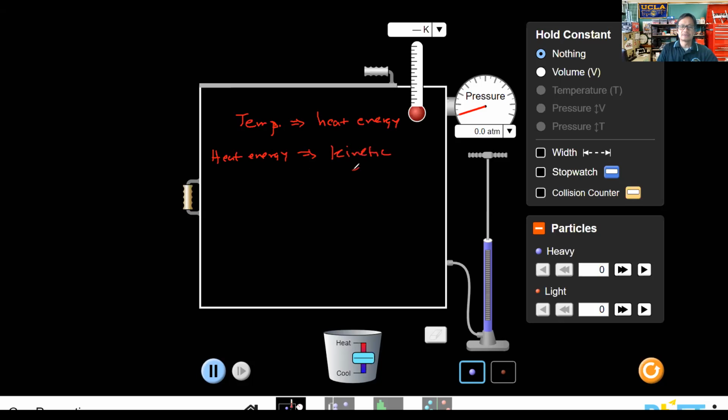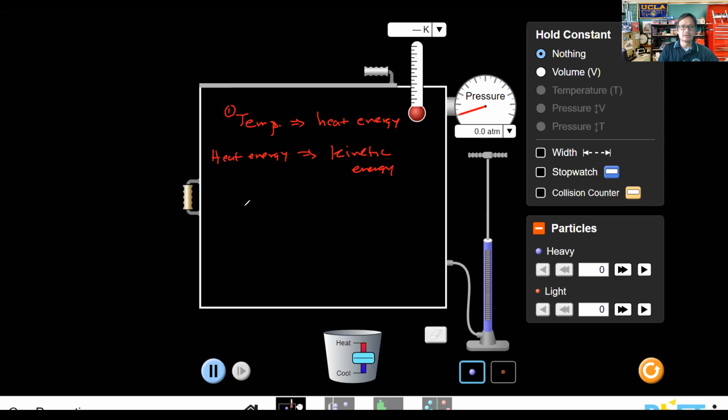The kinetic energy of the particles results from the motion of the particles. And so we said that the kinetic energy is the average kinetic energy of all the particles as they move in here. So the temperature is reading 0 right now because there's no heat energy in there.